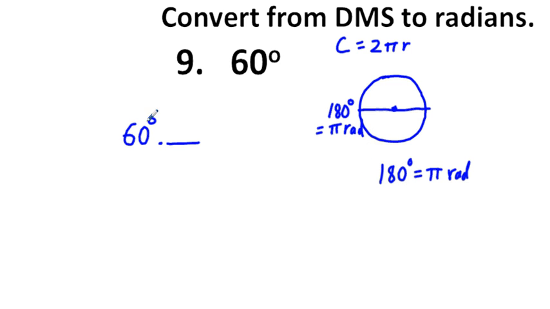Well, what do we have to do to cancel out this degree here in the numerator? We have to put that degree in the denominator. So we're going to take this 180 degrees and put this 180 degrees in the denominator. And then in the numerator, we have what that 180 degrees is equal to, which is pi radians. So I'm going to put pi rad up here. And we have, as unit cancellation, degree over degree. So what we're left with is 60 over 180, and that's going to be pi radians.